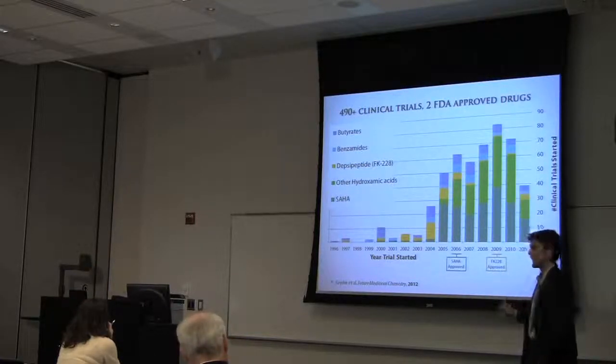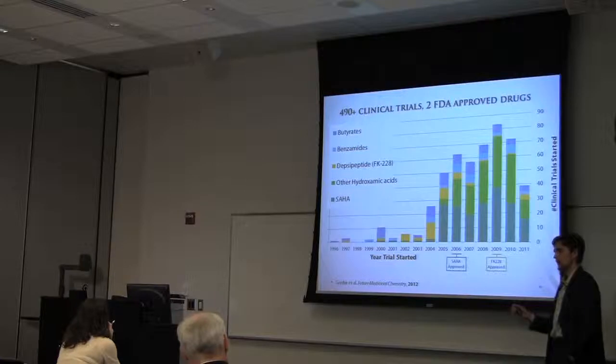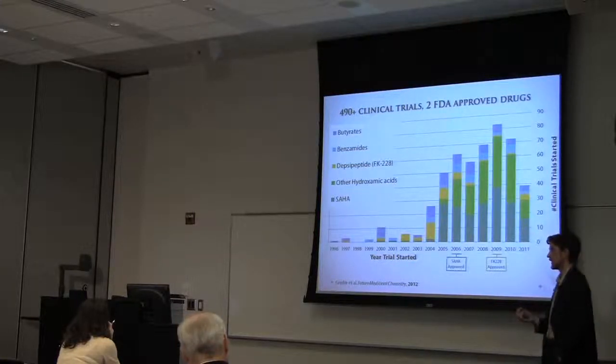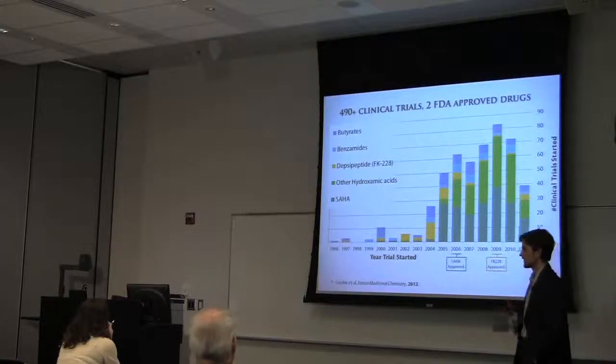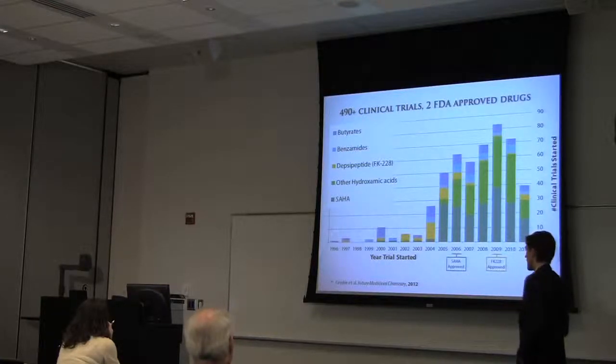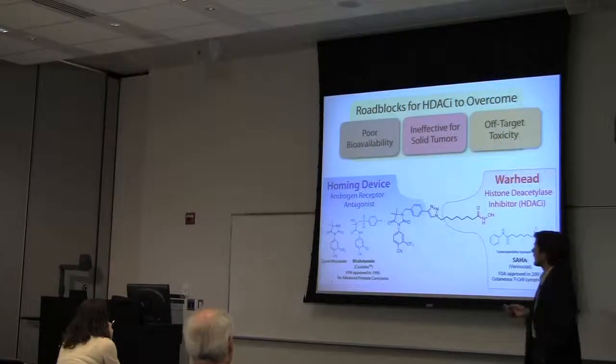So with all of this effort, all of the money that has been poured into developing these drugs, it's been a failure from its most exciting potential target, and that is breast cancer, prostate cancer, lung cancers, glioblastomas. Solid tumors were the hope, and when it came to phase 2, phase 3 clinical trials, a lot of these drugs fizzled out. And so the big question is why, and how do we address that?